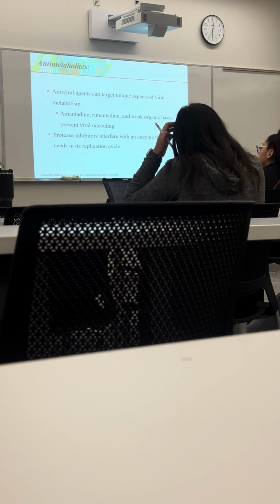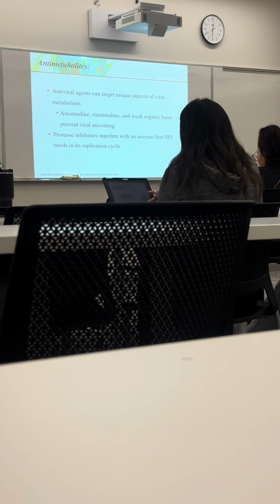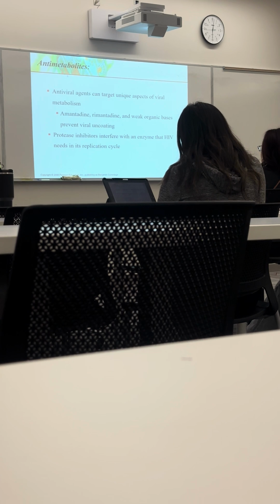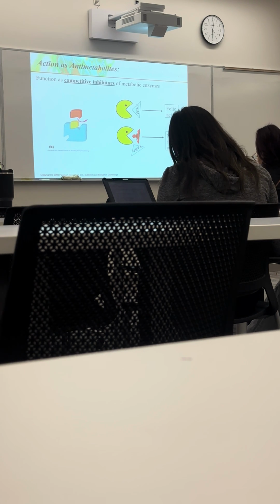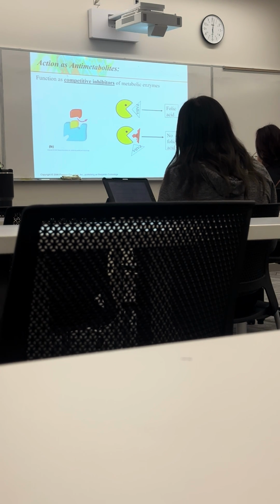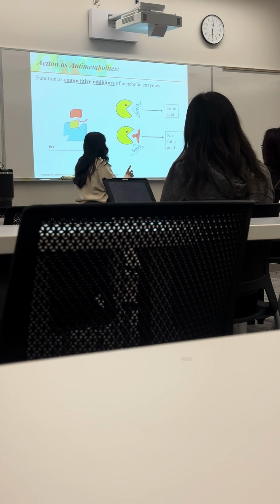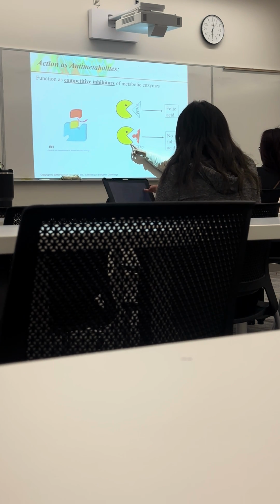So we can use these for protozoans, different fungi, bacteria, viruses. So for example, we've already talked about sulfa, right? Sulfa is an antibiotic that is going to bind competitively where PABA is supposed to bind.